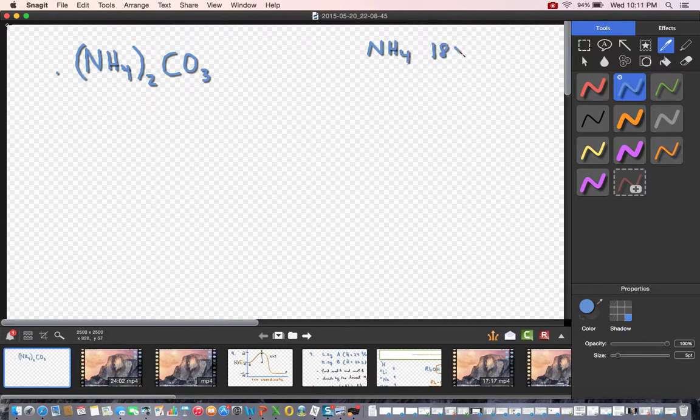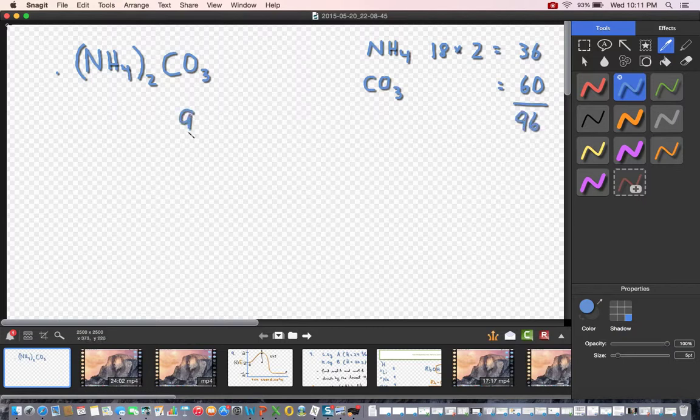And we have two of those, so both of our ammonium ions give us a mass of 36. Carbon is 12, 3 oxygens is 48, so a carbonate will be 60. And when I add these together, I will get a formula weight of 96.